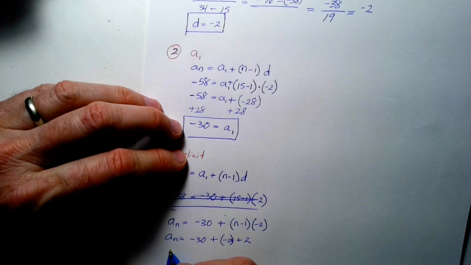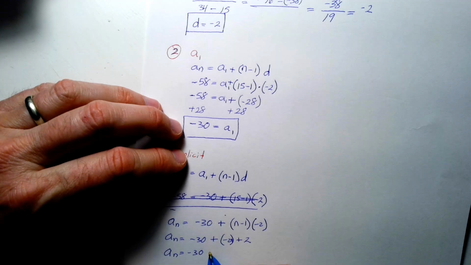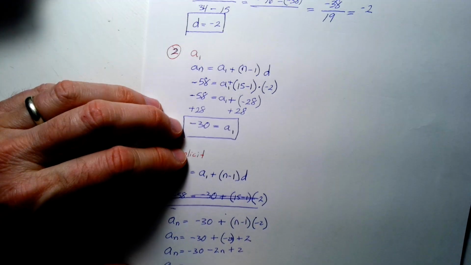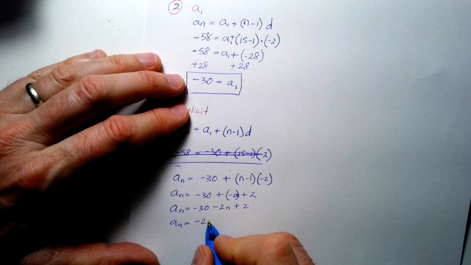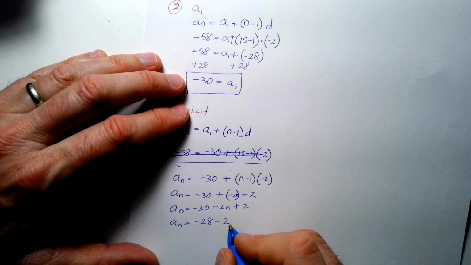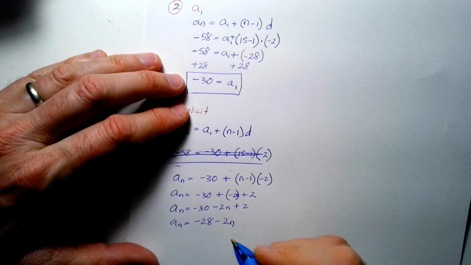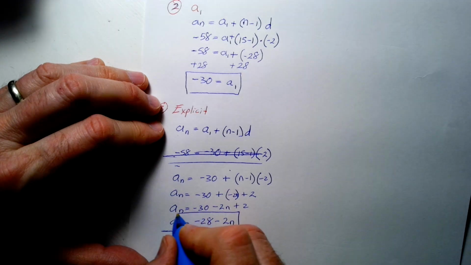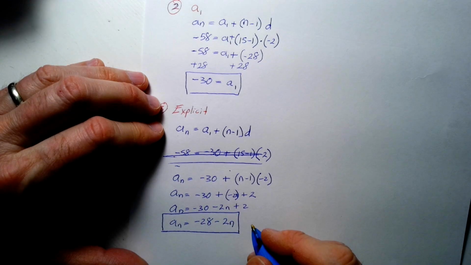AN equals negative 30 minus 2n plus 2, and negative 30 plus 2 is a negative 28. So negative 28 minus 2n, and that is our explicit formula.